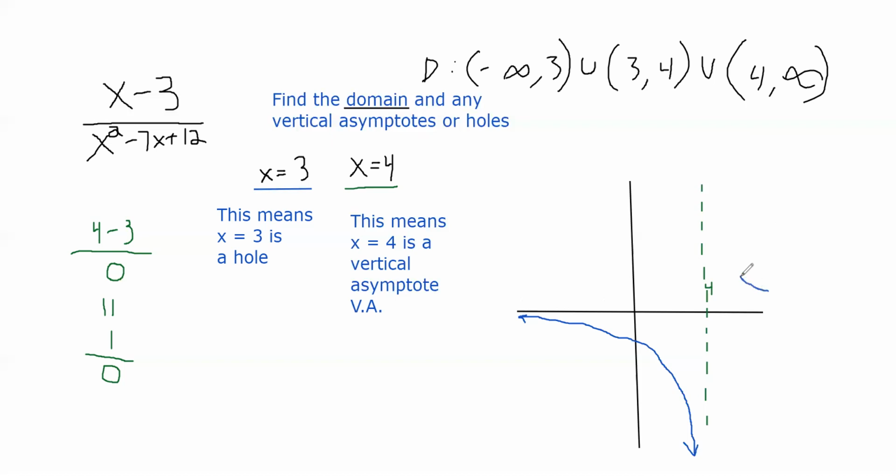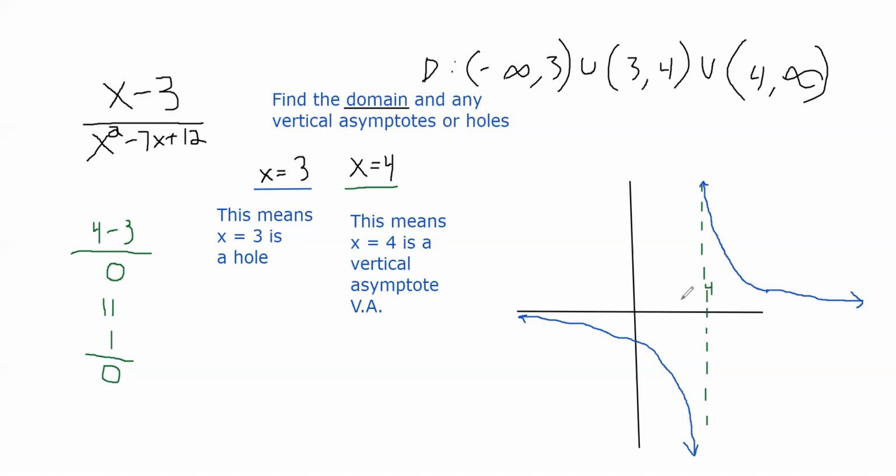And then it's going to do something like this on the other side. It's going to get ever closer to that vertical asymptote without ever actually touching it. So it's going to look a little something like this with one little extra piece.